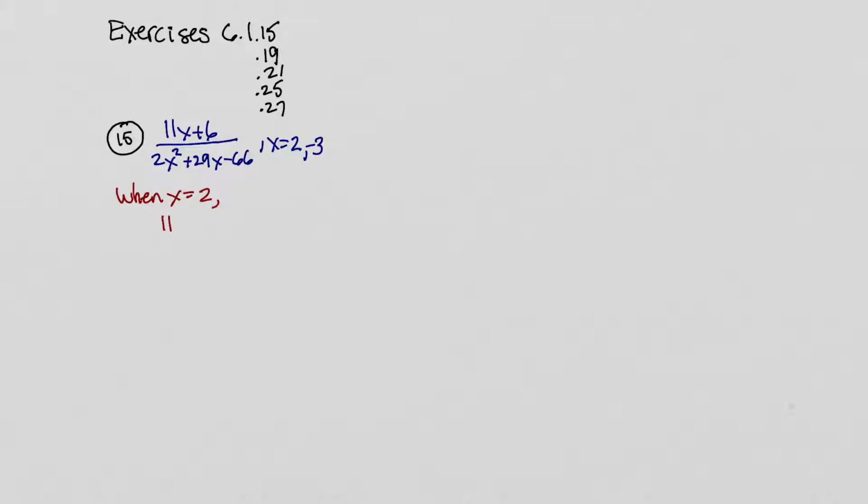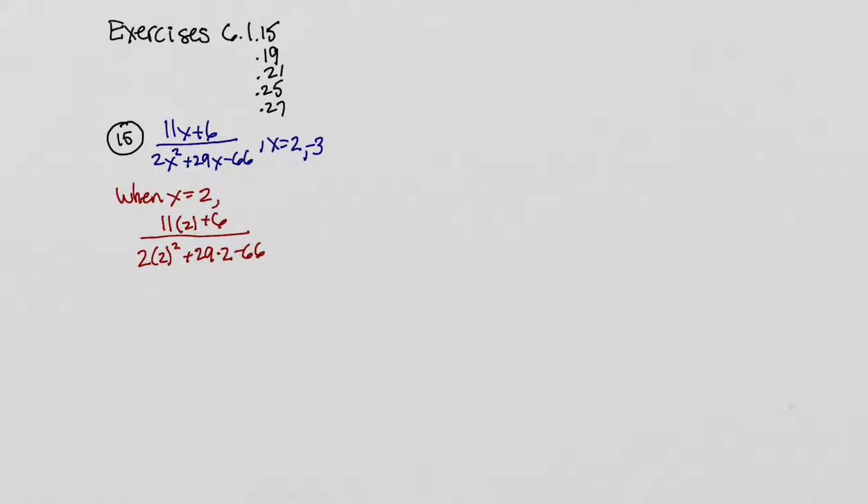So we'll get 11 times 2 plus 6 divided by 2 times 2 squared plus 29 times 2 minus 66.